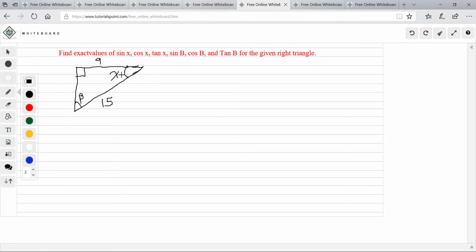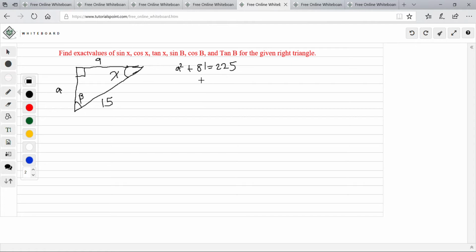So what we've got to find is the value of angle alpha, angle beta, and then our A value, or it could be our B value. It doesn't really matter. So let's find the A value. That's real simple. You just do the Pythagorean theorem. It's a squared plus b squared, which is our 9 squared, so 81, equals c squared, which is always the hypotenuse, 15 squared is 225.